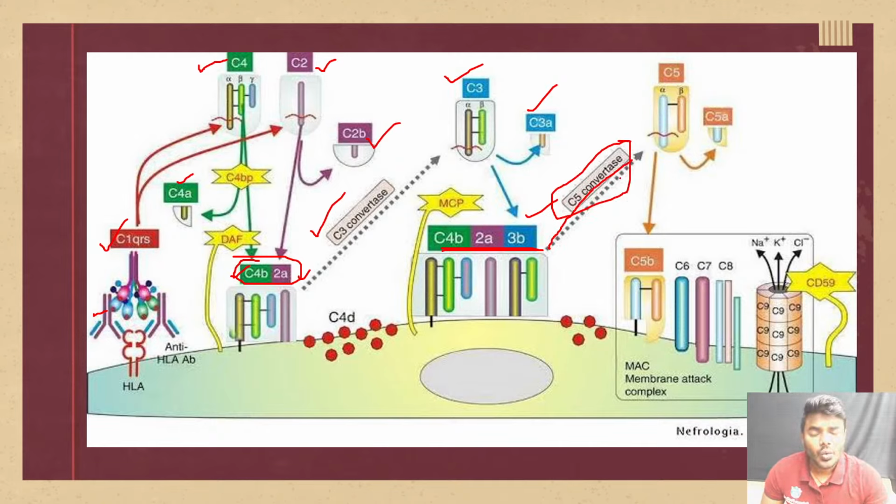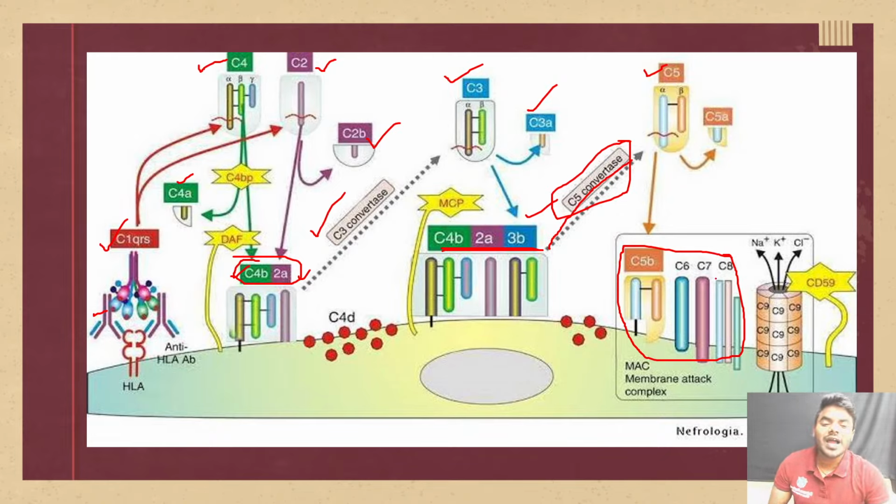And friends, what's the function of a C5 convertase? It breaks down C5, C6, C7, 8. In all, friends, only the B fragment associates. Then C5B678 will start forming the membrane attack complex, but that is very small. It is just 10 angstrom only.